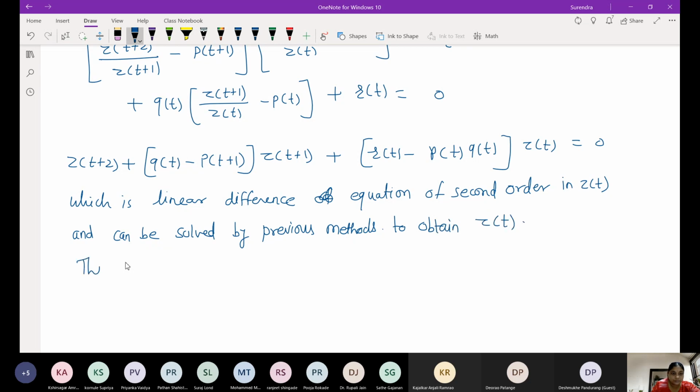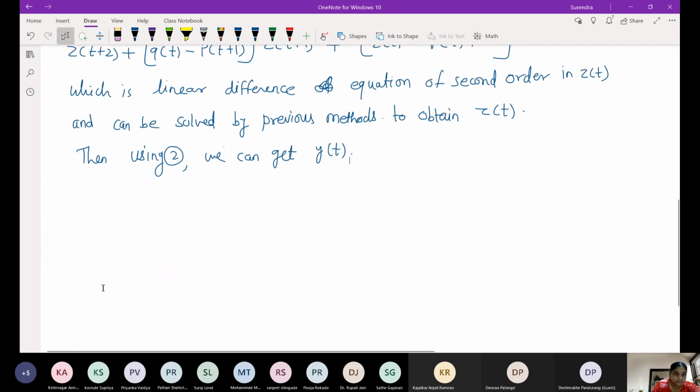Then using equation 2, the relation between them, we can get y of t, which is the required solution of equation 1. Is that okay? So we will see one example.